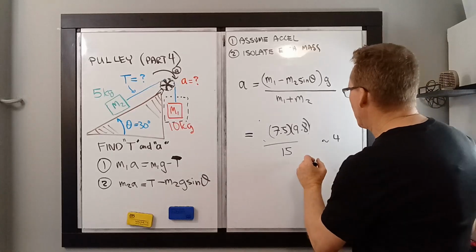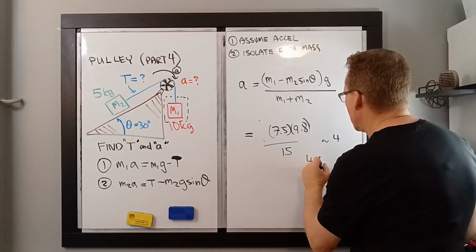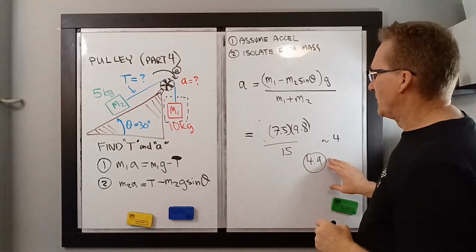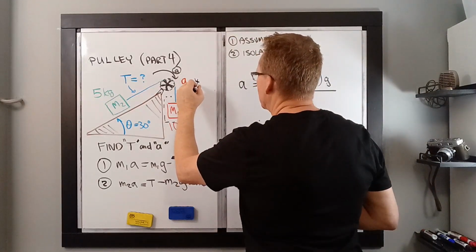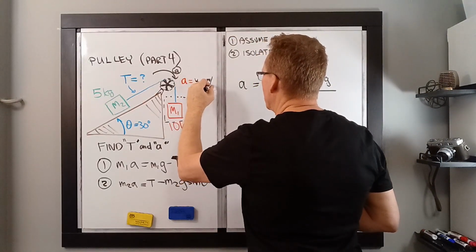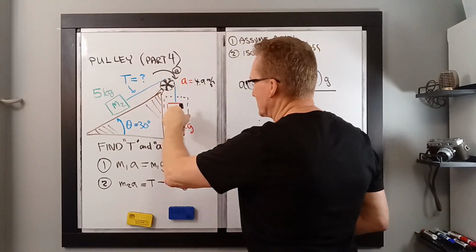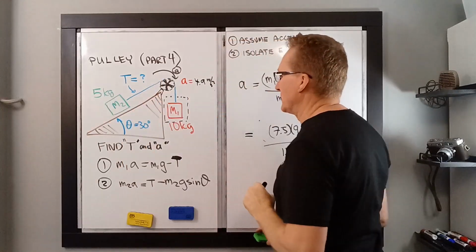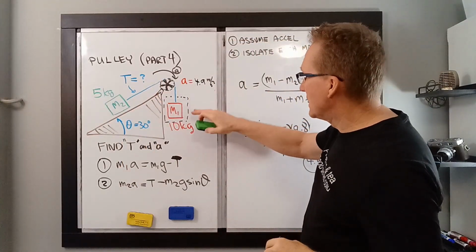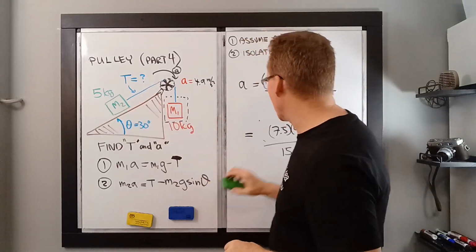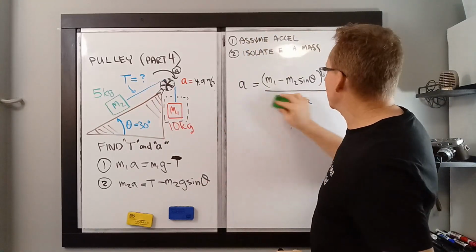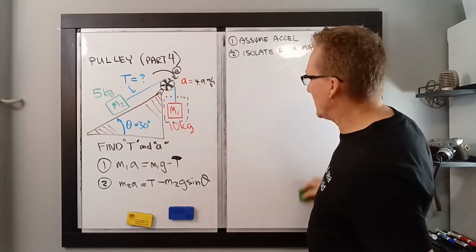When I punched it into my calculator, I got 4.9 for the acceleration. So the acceleration is 4.9 meters per second squared. So this thing's accelerating that way, this thing's accelerating that way. That's about half of gravity, and it's because of the resistance of this thing. So now we found the acceleration of the system, we can find the tension.